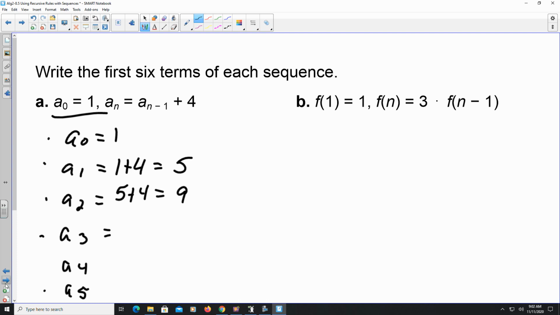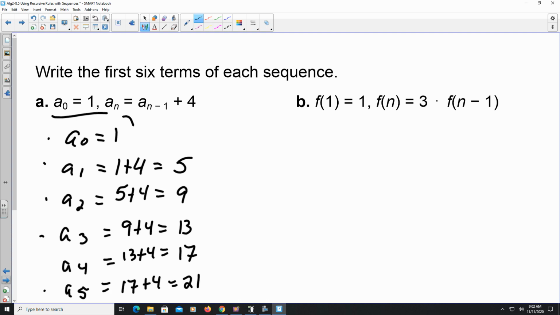A sub 3 is 9 plus 4, which is 13. A sub 4 is 13 plus 4, which is 17. And finally, a sub 5 is 17 plus 4, which is 21. So here are the first six terms of the sequence with the recursive rule a sub n minus 1 plus 4.